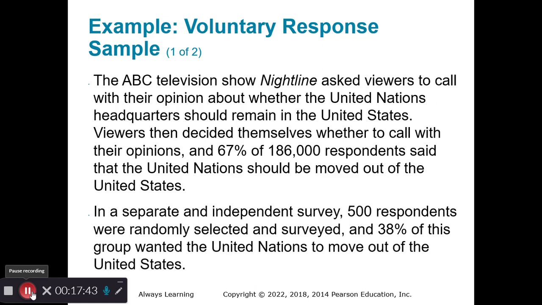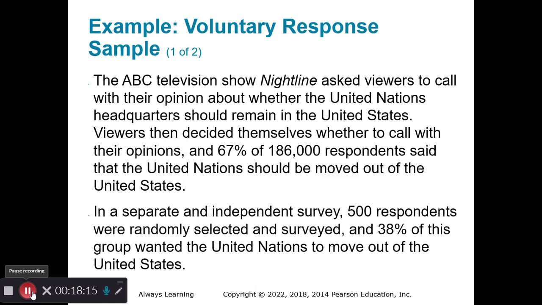So 2/3 of all the respondents said that they wanted the United Nations to be moved out of the United States. However, in a separate and independent survey, there were 500 people who were randomly selected and asked the very same question. And in this sample, 38% said that they wanted the United Nations to move out of the United States. So very different results. 38% is nowhere near 67%, and they were asked exactly the same question.